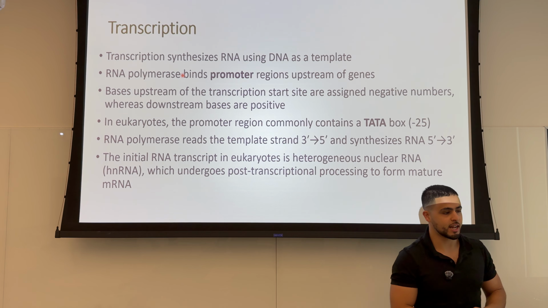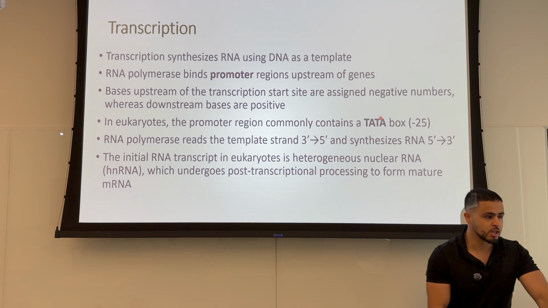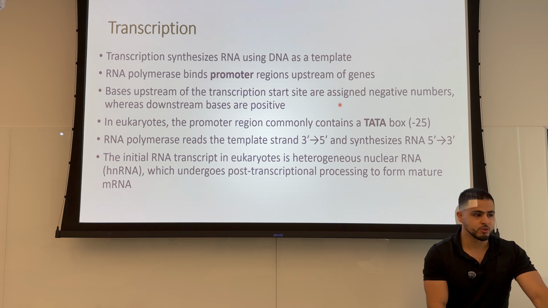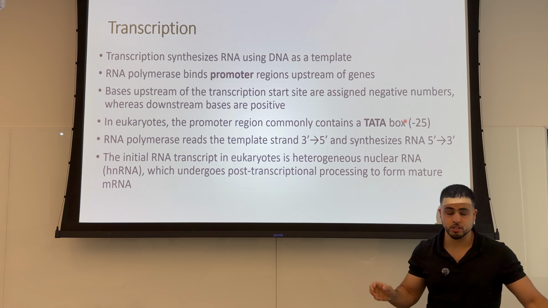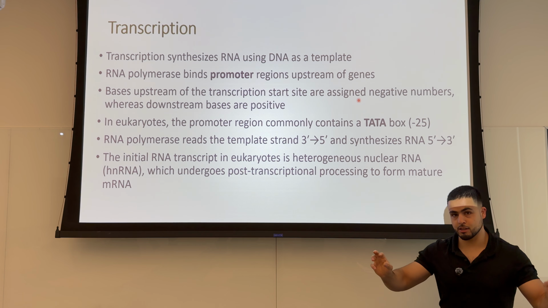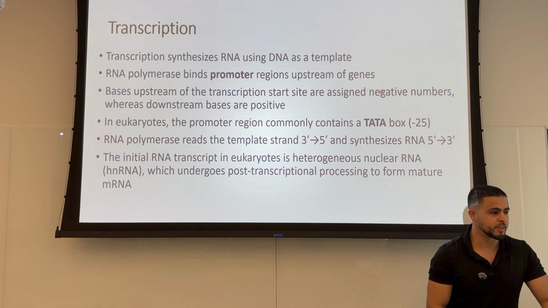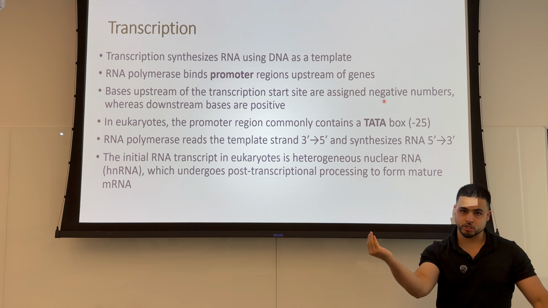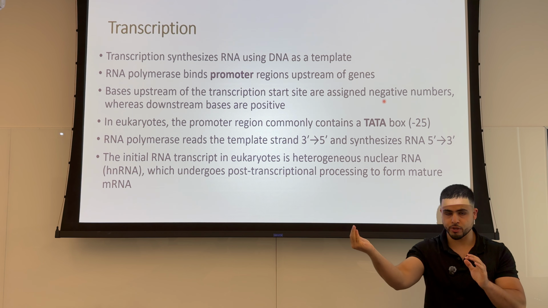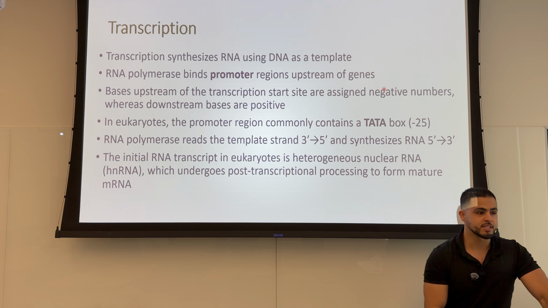Also, it'll be able to identify the TATA region, which is part of the promoter. So TATA, you just have multiple T and A, so thymine and adenine. And that's part of the promoter over there. Now, it says over here that it's -25. That's just the location. The way we name the location of nucleotides on a gene is that anything that is before the transcription site, or upstream of the transcription site, is going to be assigned negative numbers.